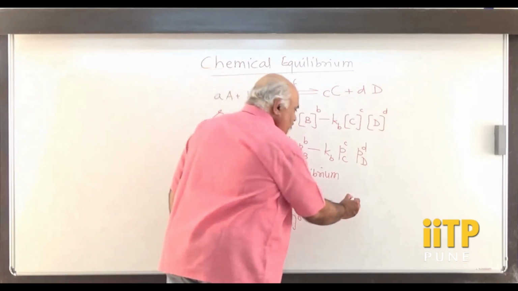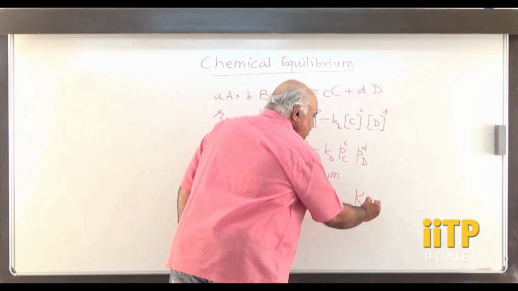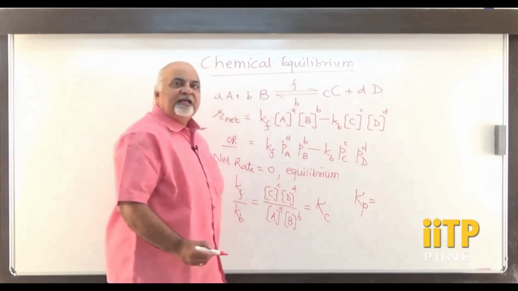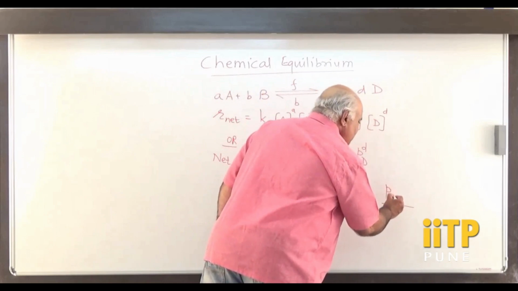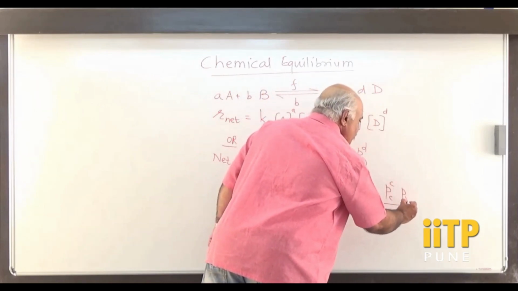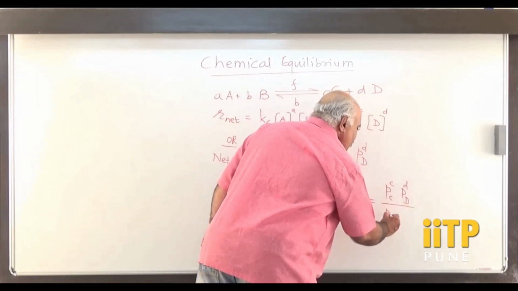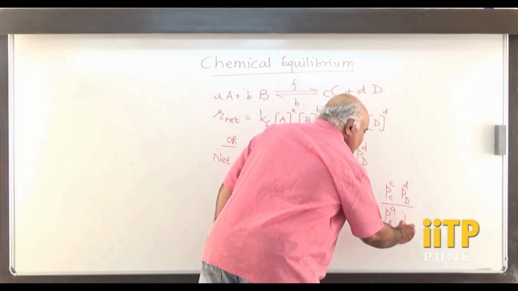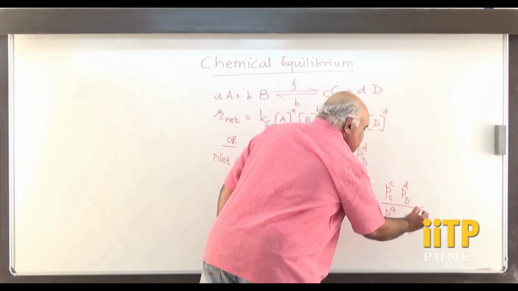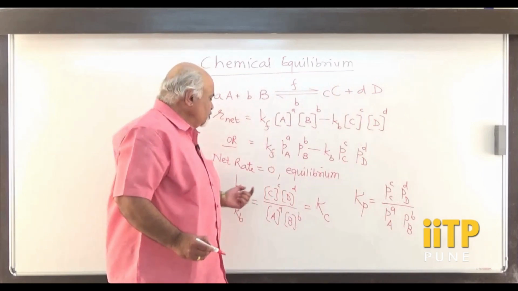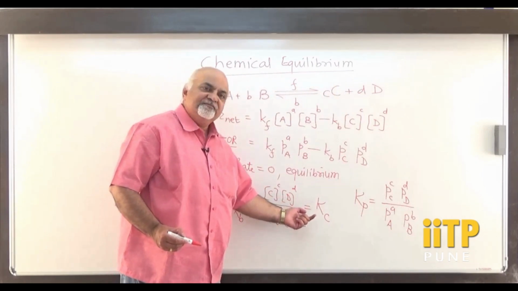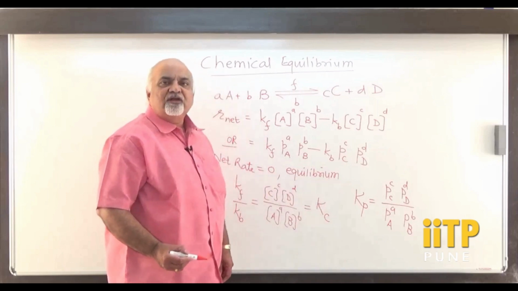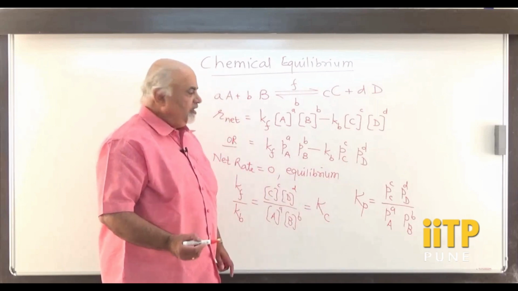We can also have another term, Kp. It is related to gas phase reactions, where we have the partial pressure of C raised to c, partial pressure of D raised to d, over the partial pressure of A raised to a, partial pressure of B raised to b. So for solutions or liquid phase reactions, we use the term Kc. For gas phase reactions, we use the term Kp.